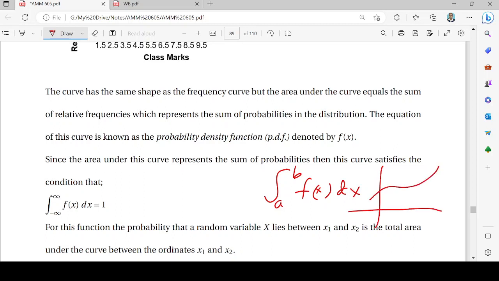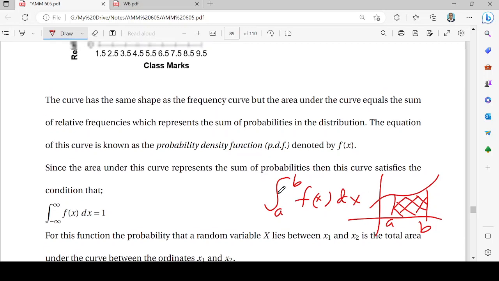When we have the point A there and B, the integral represents the area under the curve between the ordinates x equals A and x equals B.